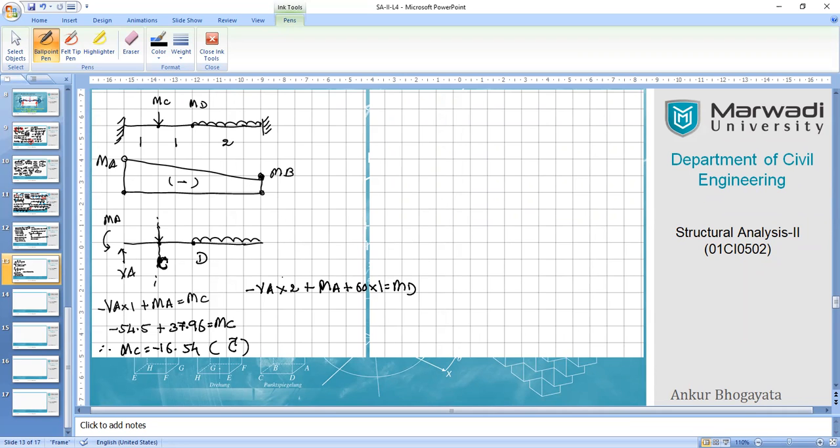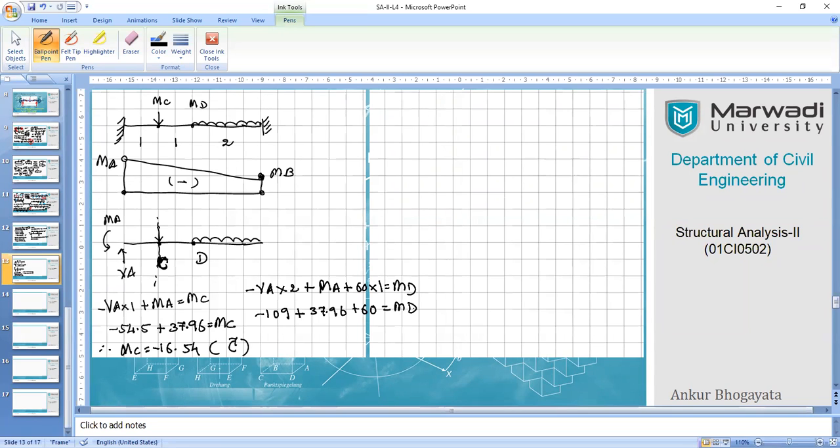54.5 into 2, 109, right, plus MA is 37.96 plus 60 equals MD, right?